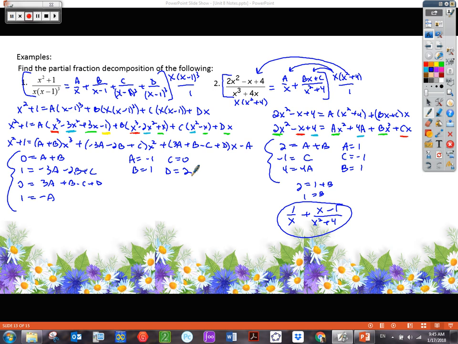So let's finish this out by putting those numbers with their little fractions. So A is negative 1, so I have negative 1 over x plus B is 1, so I have 1 over x minus 1. C is 0, so that wipes out this fraction altogether. There is no C fraction anymore. And then D is 2, and that gives me 2 over x minus 1 cubed, and that's my answer.